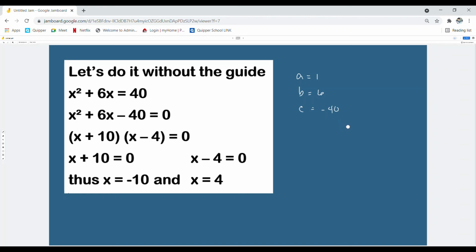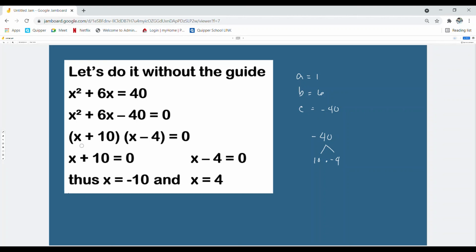We will find factors of negative 40 wherein if we add them, it would be 6. So we choose 10 and negative 4 because 10 times negative 4 is negative 40. When you add 10 and negative 4, it's a positive 6. So correct, our b is 6.